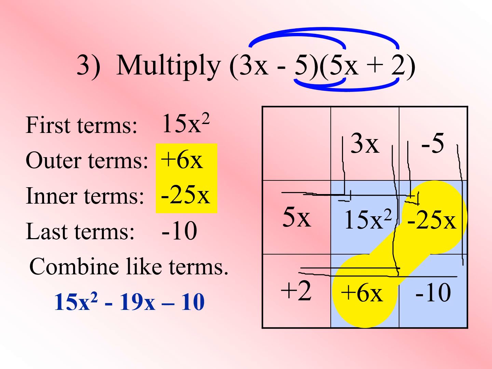So which one is greater, the 6 or the 25? Of course, it's 25. So what's the sign of your 25? It's negative. So the sign of your 19 will also be negative. So that's why you have here negative 19x. So our final answer will be 15x squared minus 19x minus 10.